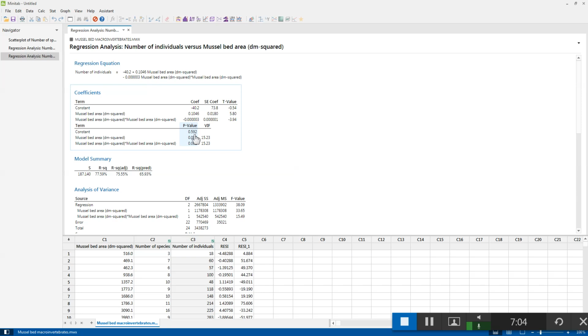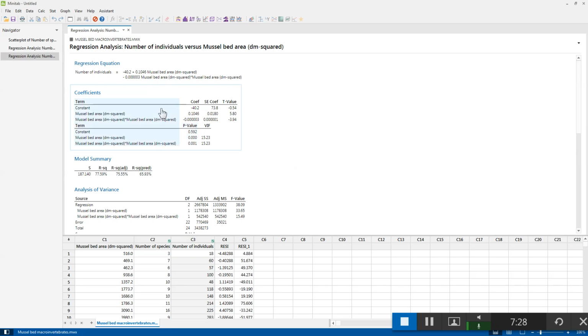This is one of those situations where that doesn't matter too much. We would want to go down to no muscle bed area, where we've got a muscle bed area of 0, does that give us 0 species of macroinvertebrates, 0 individuals?